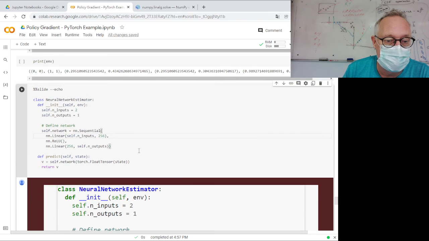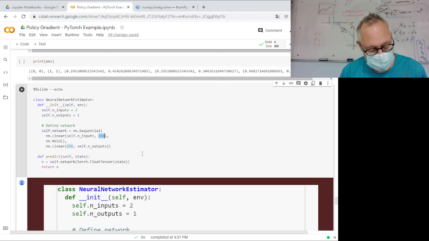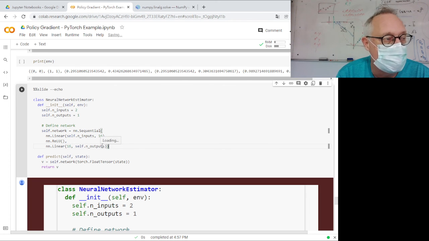So here I set up a small one, let's say 16 nodes. So from x and y, I now generate a neural network which feeds into a hidden layer of size 16.